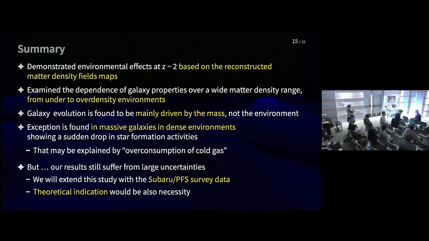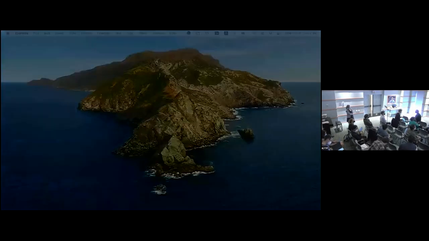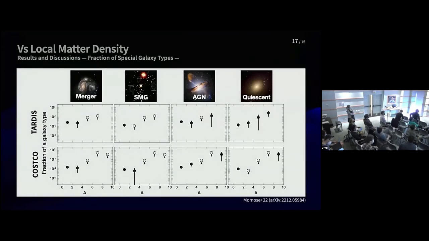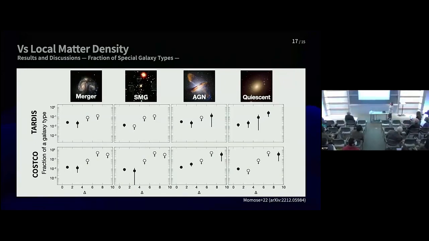I'm not sure it could be the answer to your question, but one thing related to your talk is this one. This is what I skipped today. This is the result of the fraction of some special type of galaxy as a function of density or cosmic web. So this is a density result.